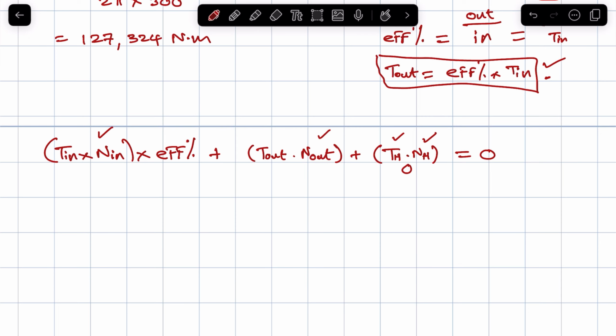Now, the input torque is always going in a clockwise direction, so that then means that we expect the torque out to go in a negative direction or in an anti-clockwise direction. So we already expect that whichever answer we get for torque out, it will be negative. So if it happens to be positive, then it means you have done something wrong somewhere, right?